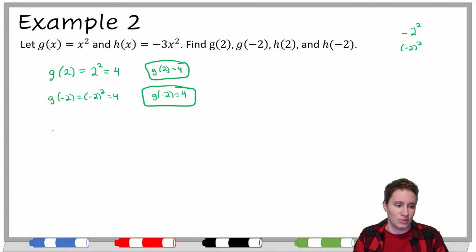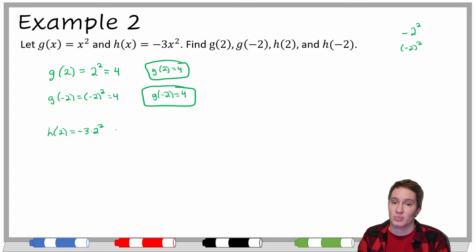Let's see, let's do h of 2. So negative 3 times 2 squared. Order of operations says to do exponents and then multiplication. So this is negative 3 times 4, which is negative 12.